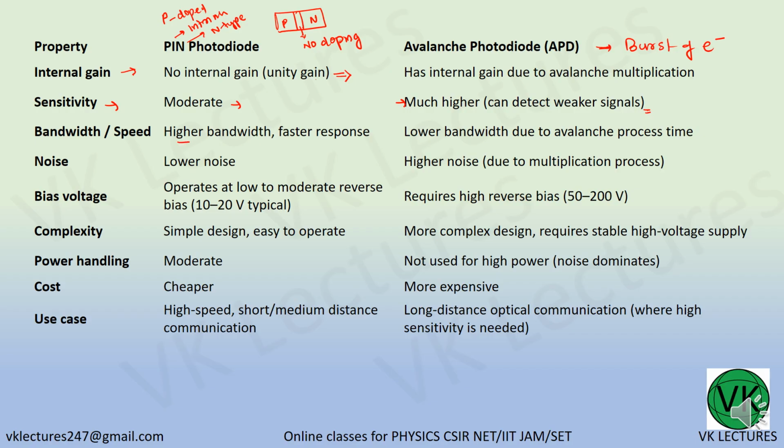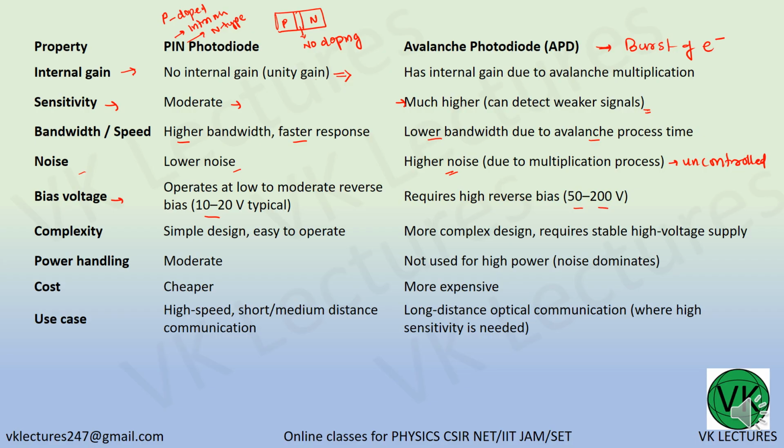Bandwidth is higher for the PIN diode, and the response is also faster because of its higher bandwidth. Avalanche has lower bandwidth because of the longer process time. The PIN has lower noise, but avalanche has higher noise because it is uncontrolled. PIN bias voltage is between 10 to 20 volts, while avalanche requires a high reverse bias voltage of around 50 to 200.